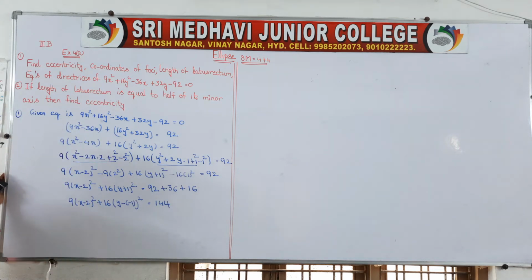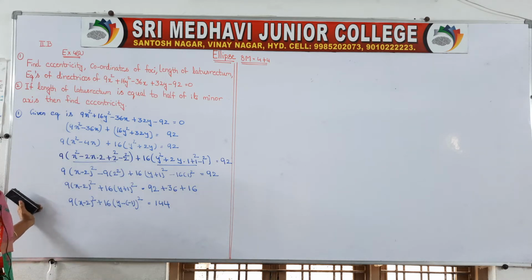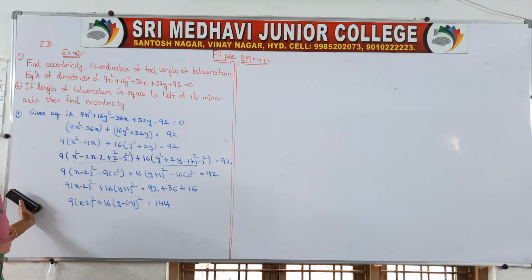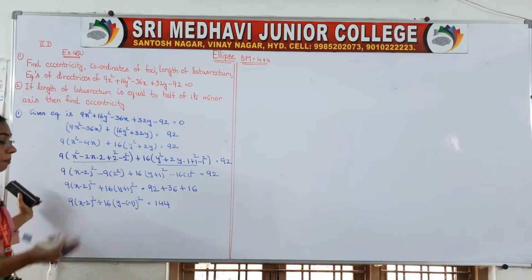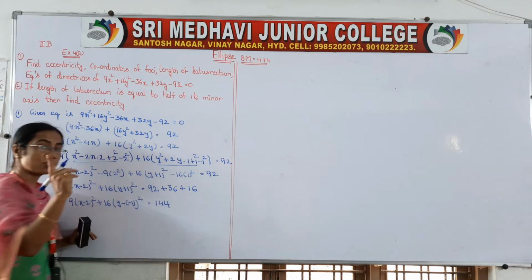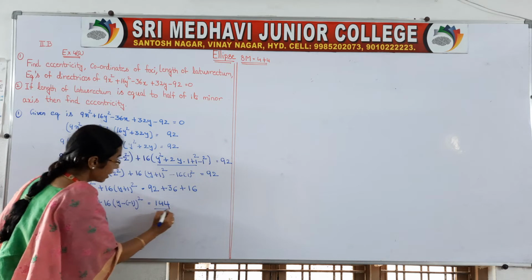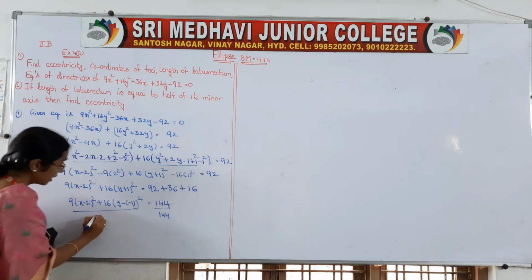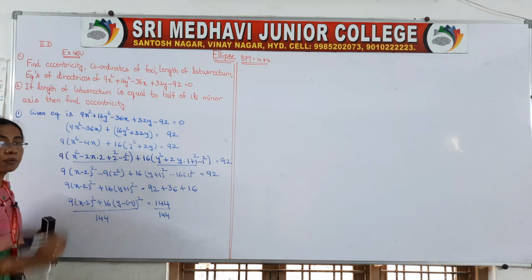On the right side it should be 1 in our standard form, isn't it? There are four forms, that can be either the third form or the fourth form. It depends on the A and B values. If A is greater than B, third type. If A is less than B, fourth type, right? But in all four, the right side value is equal to 1. That's why divide both sides by 144 so that on the right side I can get 1.